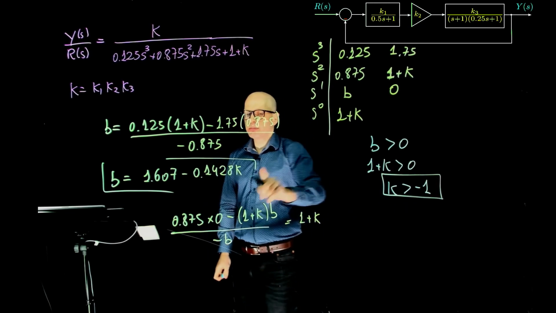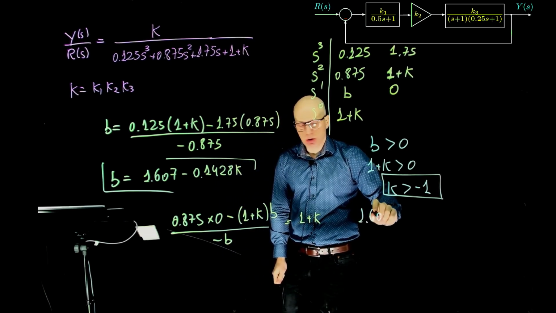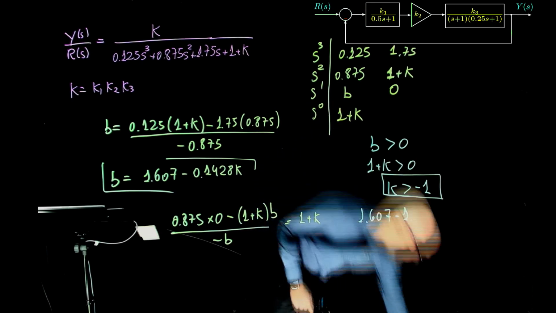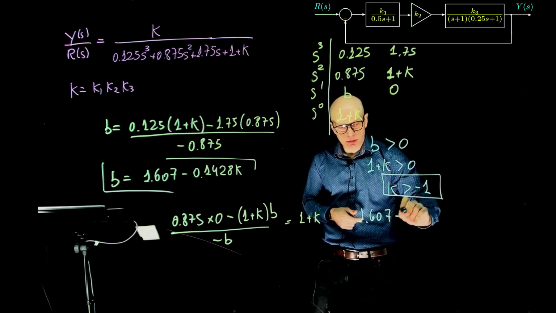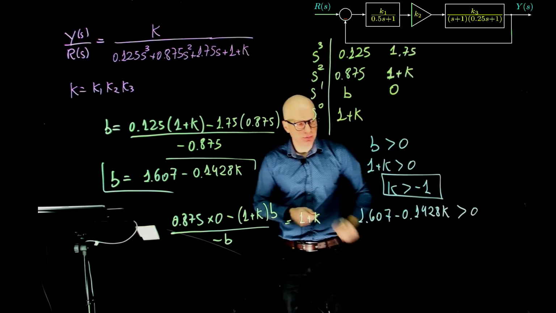That's for the second condition. For the first one, you need B to be greater than 0. So I can write 1.607 minus 0.1428 K, and want this to be greater than 0.